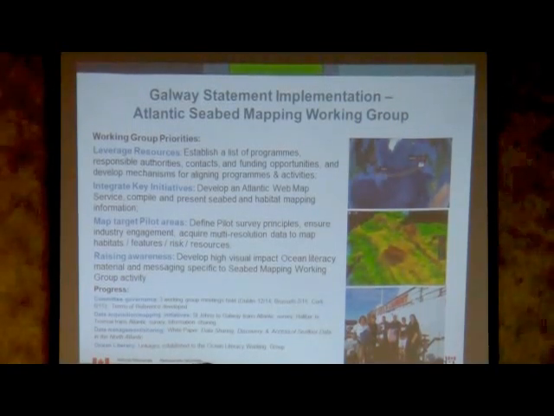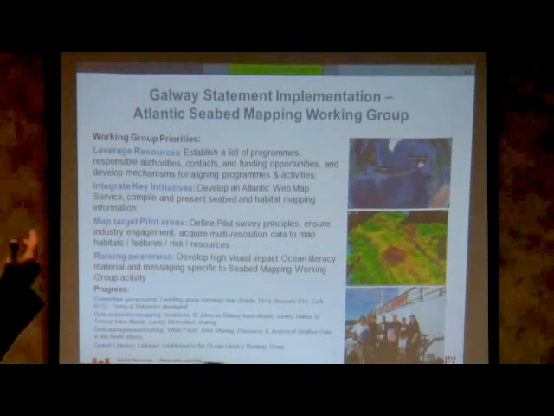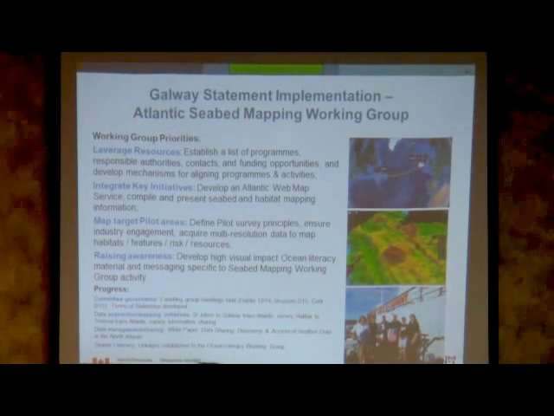The collaboration covers three areas: ocean monitoring, seabed mapping, and ocean literacy, promoting knowledge of the oceans to everybody who cares and trying to bring the interest up. Within this initiative, there's an Atlantic Seabed Mapping Working Group, and the Geological Survey of Canada is part of it. We proposed that 2 years ago in Galway, and it happened.